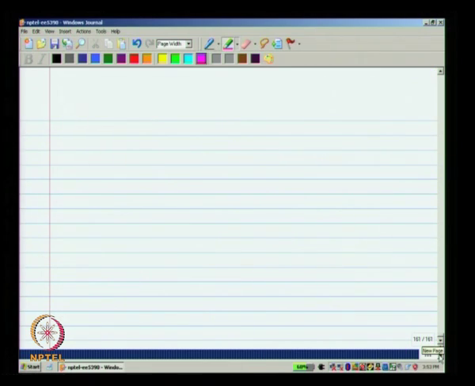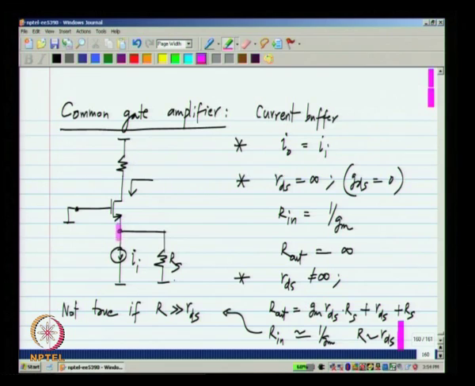Now, the interesting thing is what happens to this circuit with body effect. Clearly here you can expect something interesting to happen, because the source is not at small signal ground, but the bulk will be at small signal ground.